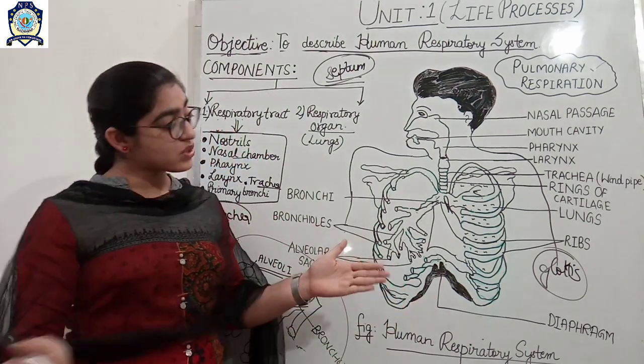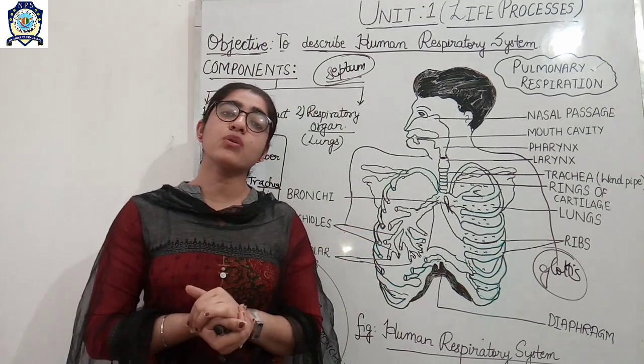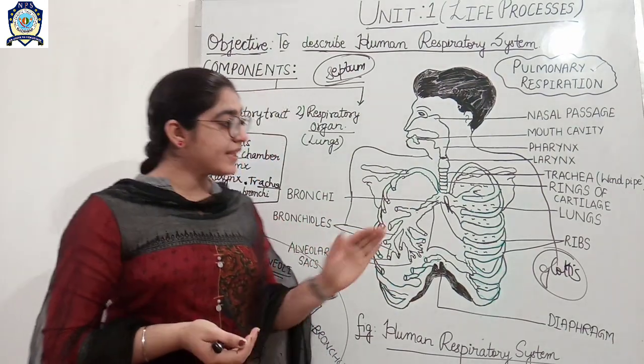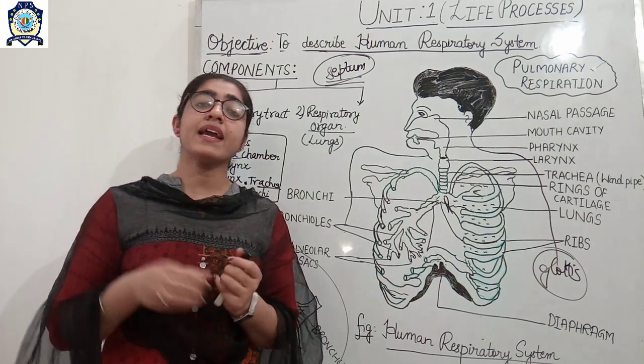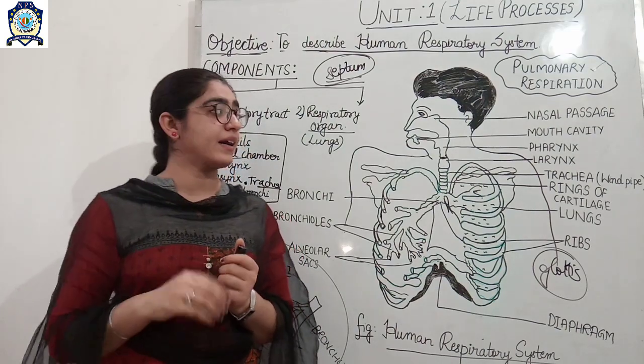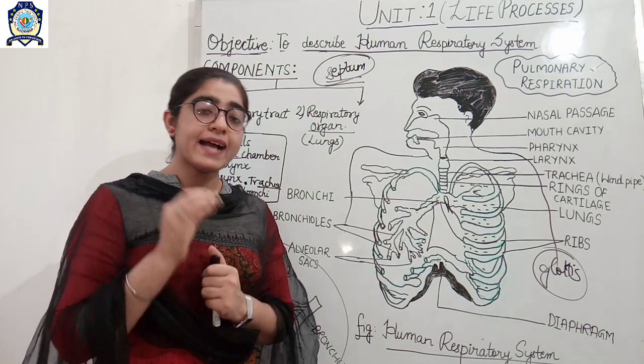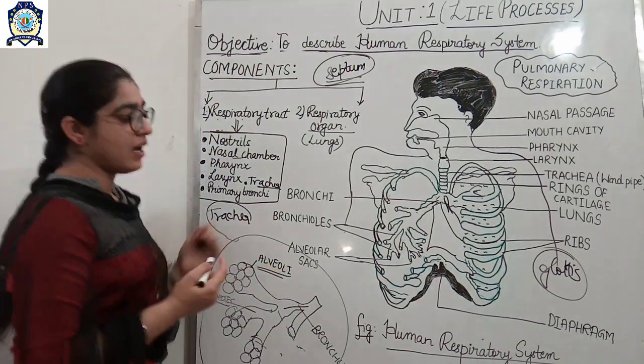Okay, now the next one is, if we study the structure of lungs, then both the lungs are covered by a layer, and that layer is called the pleura.